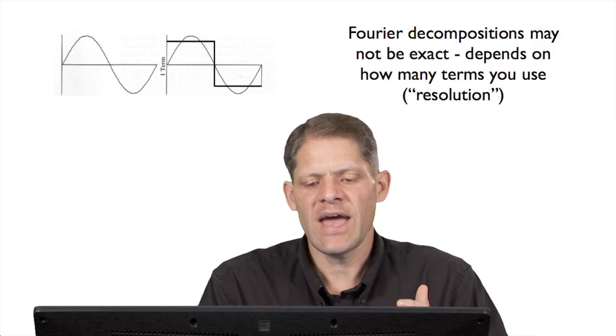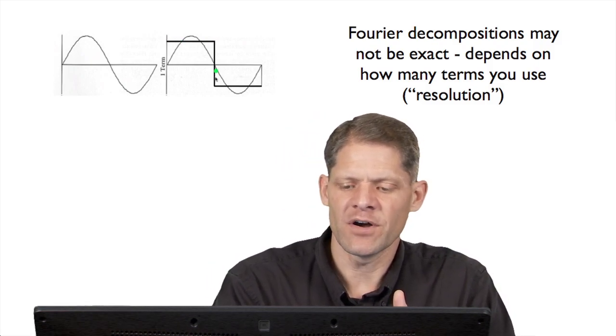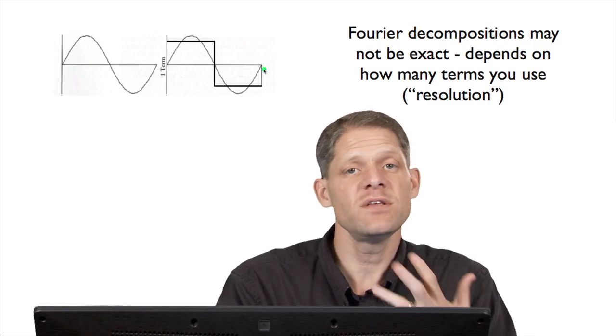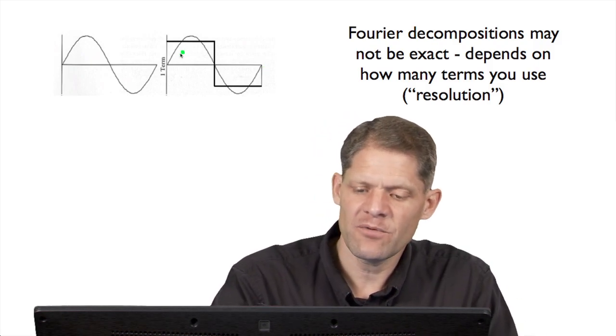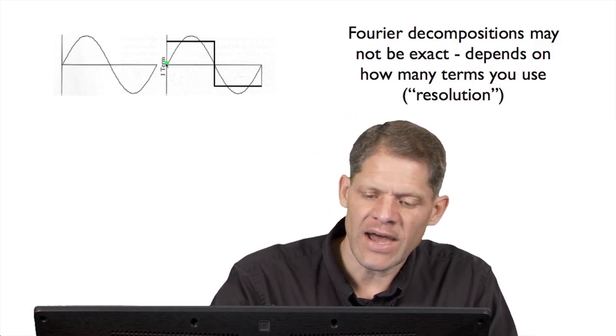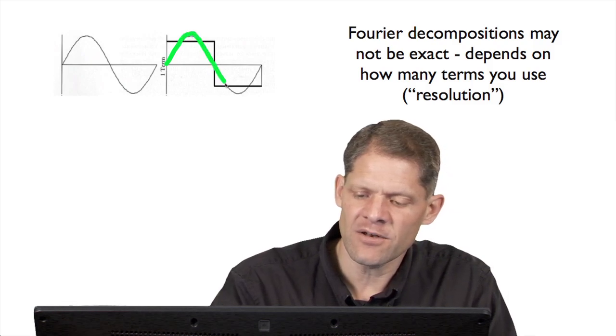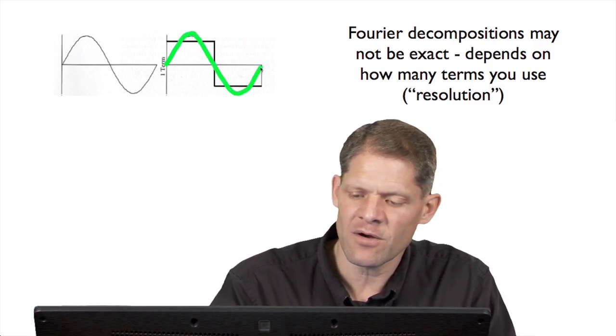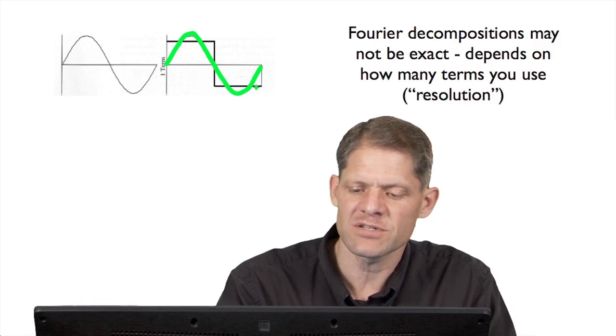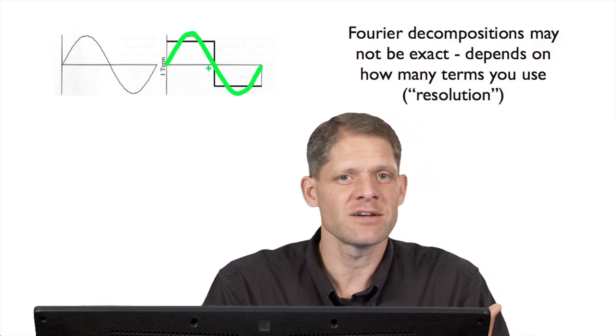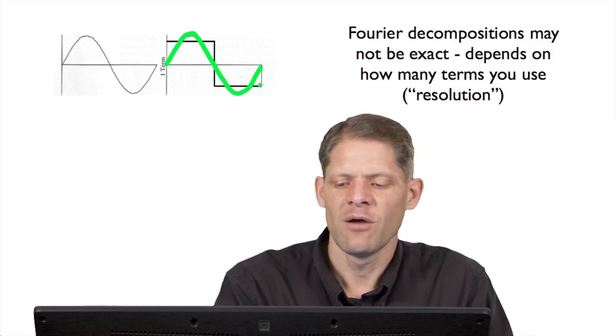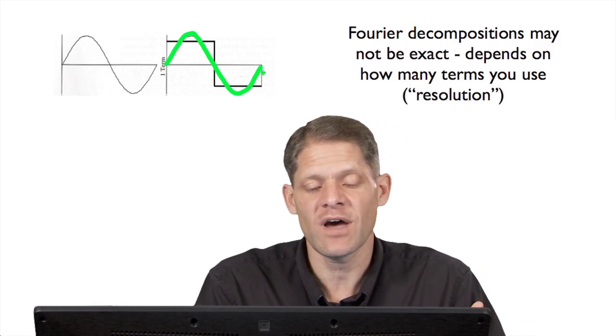Well, if I had to approximate that step function, and I only had one sine wave to do it, the sine wave I would choose is one that rose to a maximum and then fell and did a minimum right there where the step function was at its lowest. Now, it's not a very good approximation to the step function, but it's the best I can do with one sine wave.